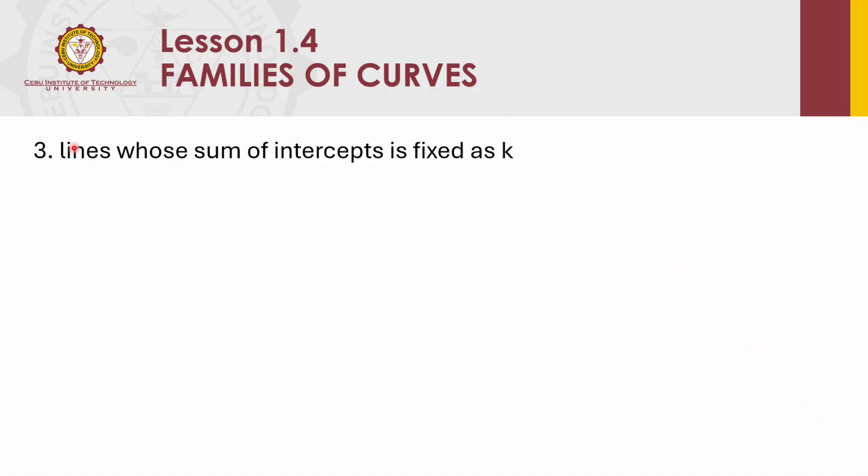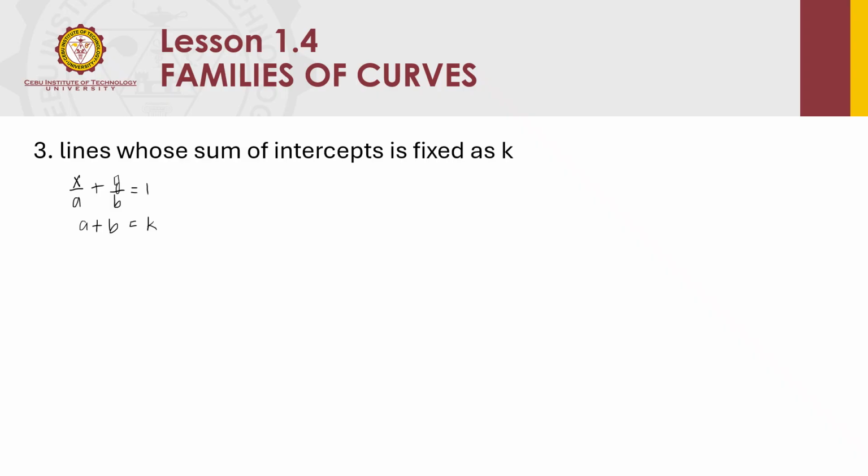Okay, so lines whose sum of intercepts is fixed as k. Same as the first example, we write the standard equation of the line in terms of the x and the y intercepts. And it says here that the sum of a and b is fixed as k. So we can write one of the two intercepts in terms of k, so that we introduce it to the equation.